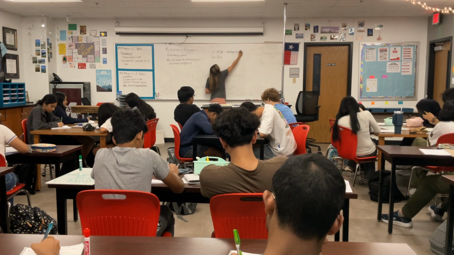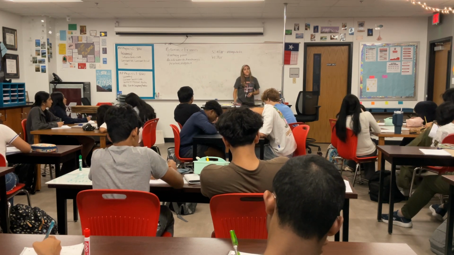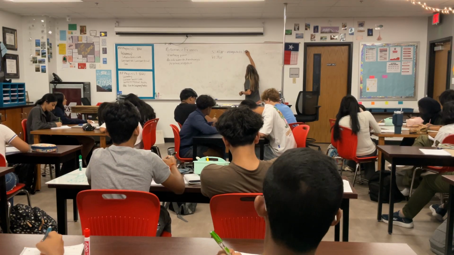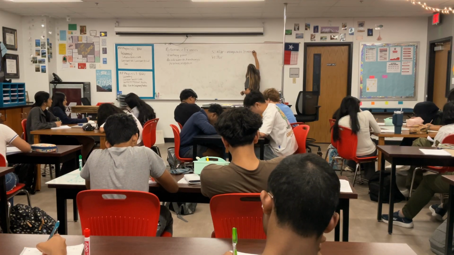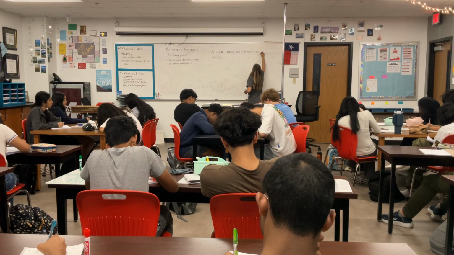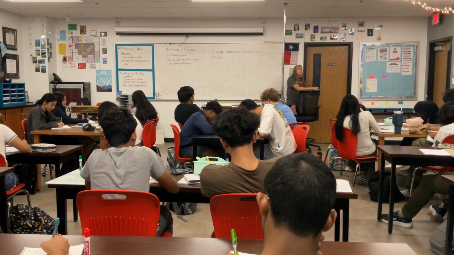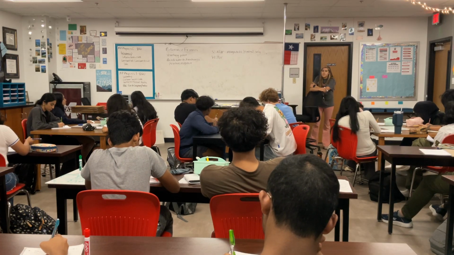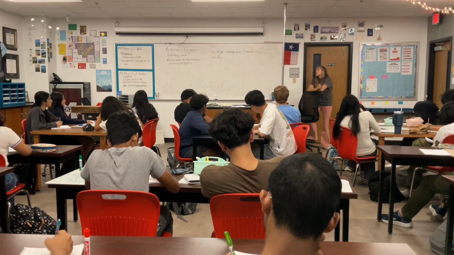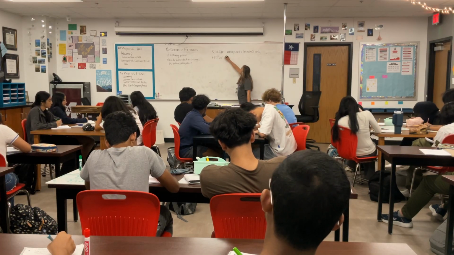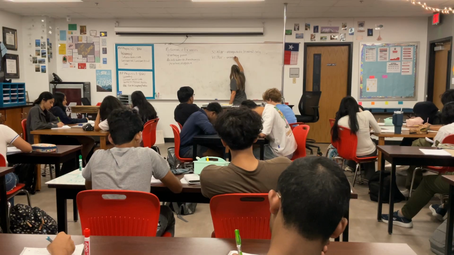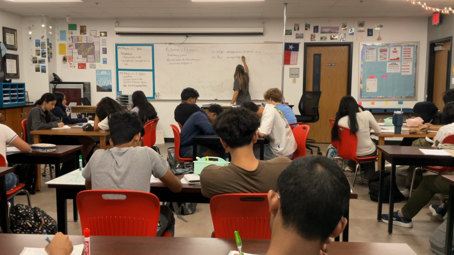You're like, I don't know what magnitude means. That's okay. It means number only. It means whatever this is can only be described by a number. That's it. Versus a vector can be described as magnitude and direction.